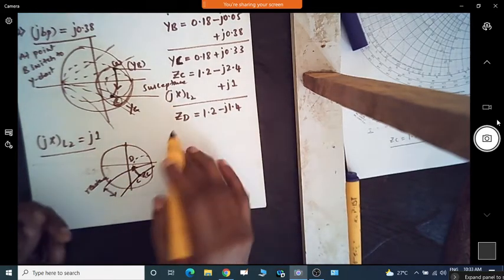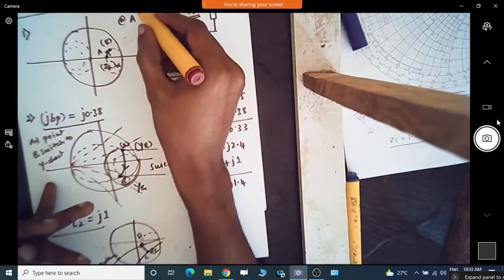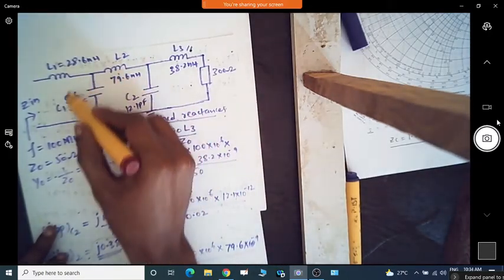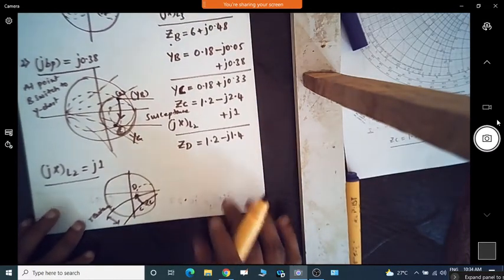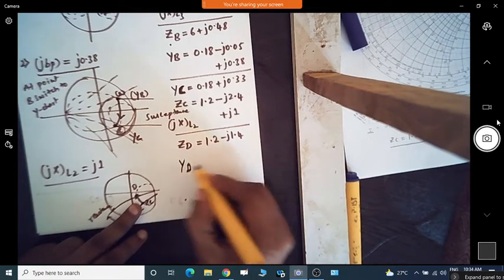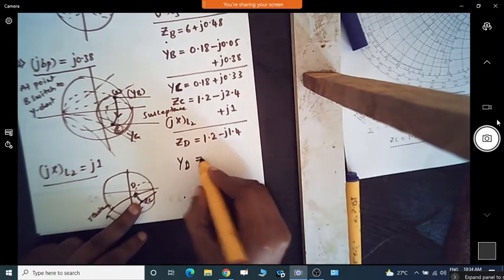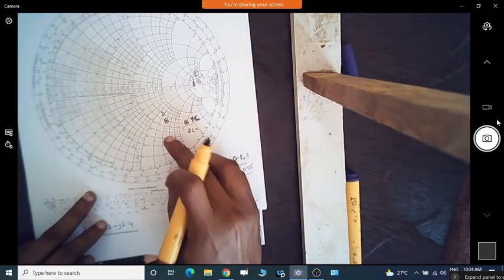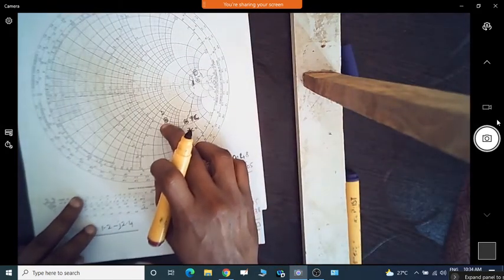Now the next element is again the capacitor. After L2 we have to add the capacitance C1, the susceptance offered by the capacitor. For that, at this point we have to find the admittance again. So switch to the Y chart at this point.